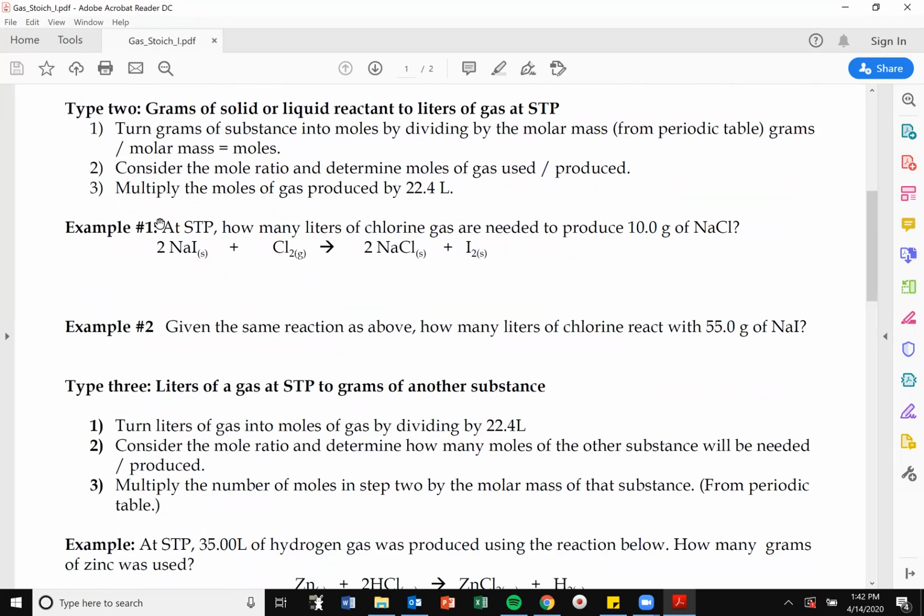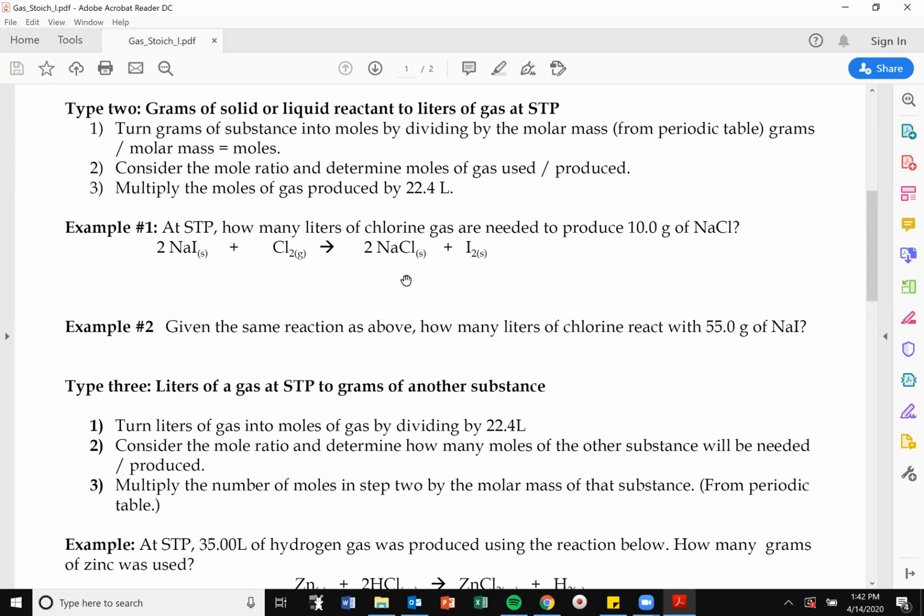For example, it says at STP, how many liters of chlorine gas are needed to produce 10 grams of NaCl? Well, here we have NaI plus chlorine gas makes NaCl and I2. And we know that we want to make 10 grams of NaCl.